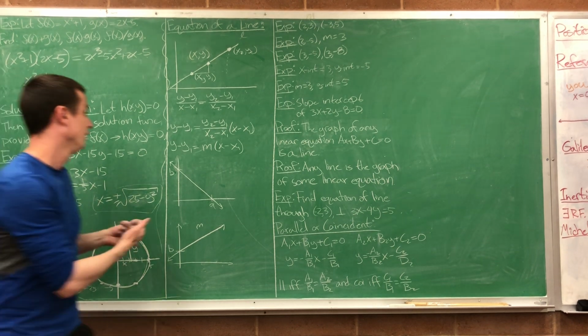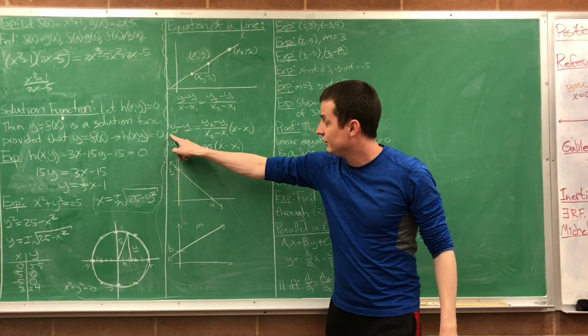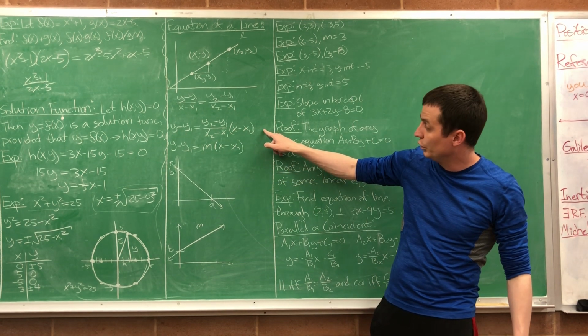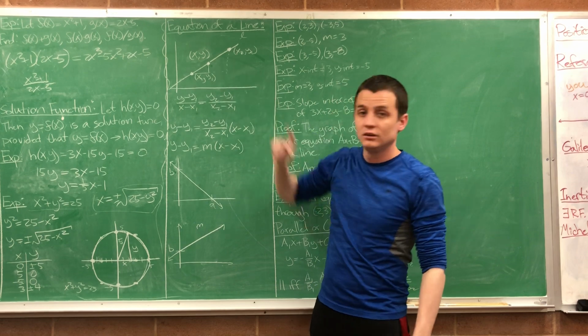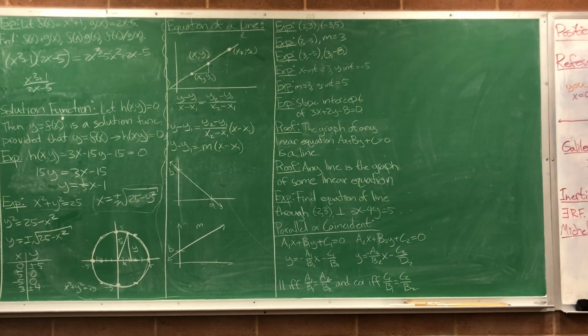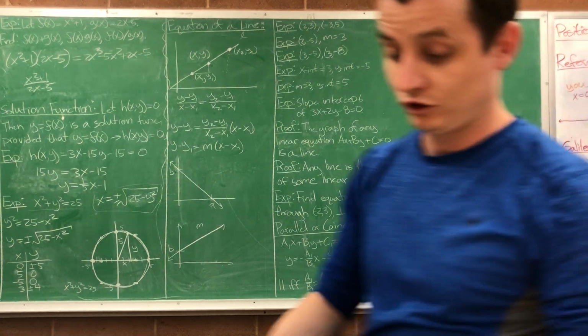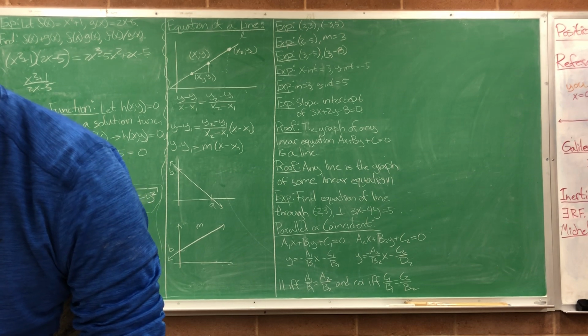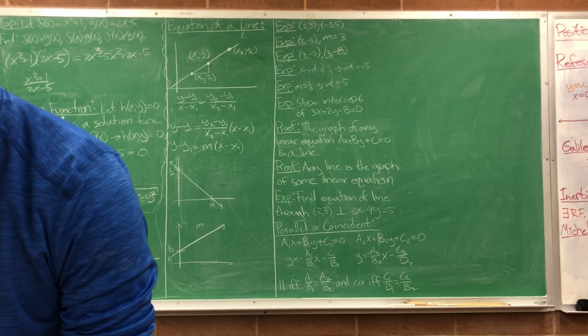This right here is the equation of a line through those 2 points, and it has its special name. Point slope formula? No, that's not point slope because it's 2 points. So it's going to be like the 2-point formula. We'll do point slope formula next.